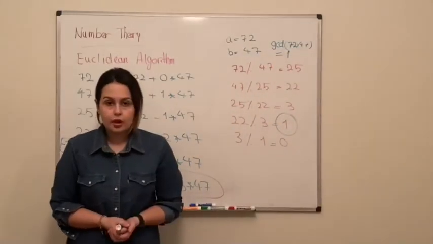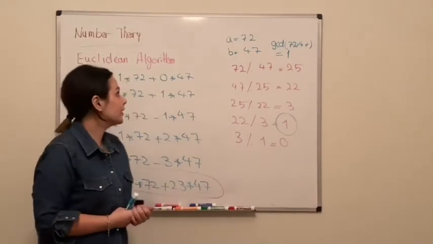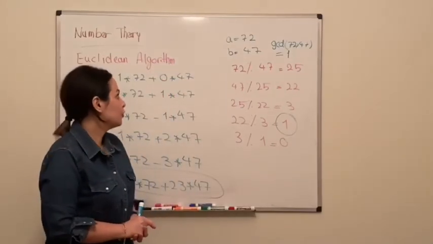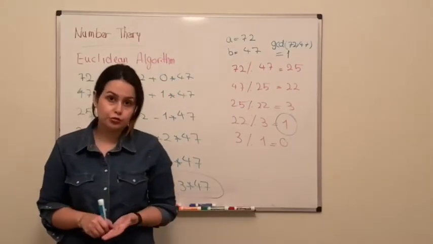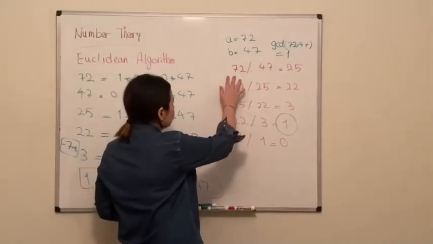To use two numbers with GCD 1 and show the inverse theorem, I chose these two numbers, A equals 72 and B equals 47. First of all, I need to show that their GCD is equal to 1. How can I show that?